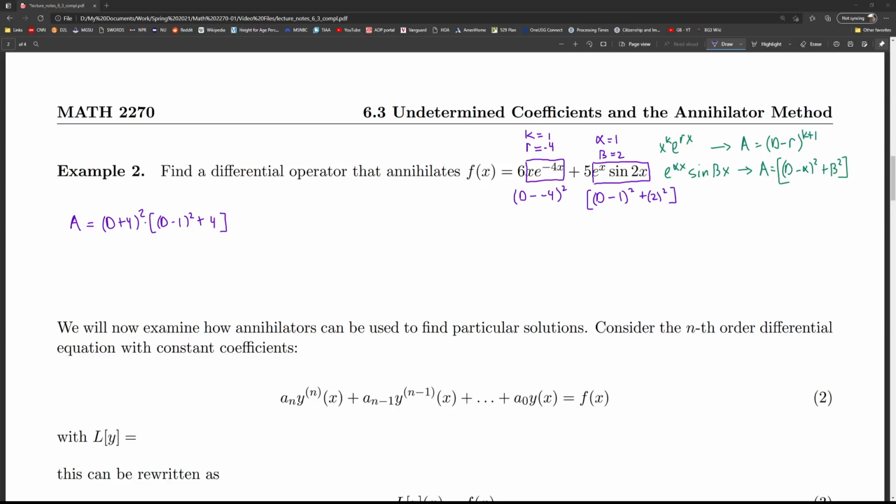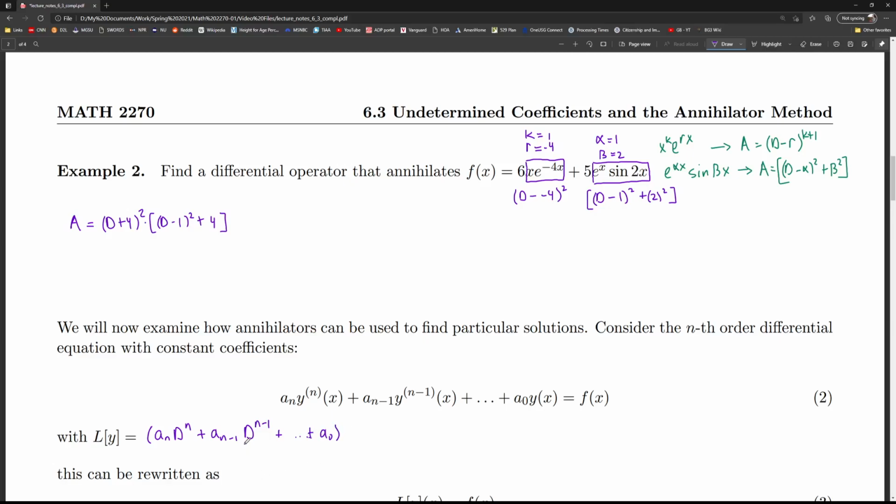We're going to consider the nth order differential equation with constant coefficients, a sub n times the nth derivative of y plus a sub n minus 1 times the n minus first derivative of y plus dot dot dot plus a naught times y equals f, where we can summarize the left part of the differential equation by a linear operator, and that linear operator L acting on y is given by a sub n D to the n plus a sub n minus 1 D to the power n minus 1 plus dot dot dot plus a naught.